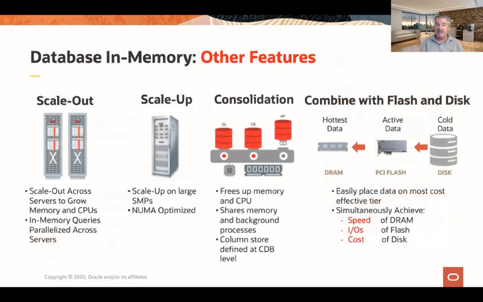In addition to that, we can scale out using RAC. If you've run out of memory within a single node, you can extend that to multiple nodes using RAC. So now the column store can be as large as you can make it, adding memory to as many nodes as are in your cluster. Scale up for very large memory machines. In addition, we support multitenant and different tiers of storage, as I mentioned with Exadata.